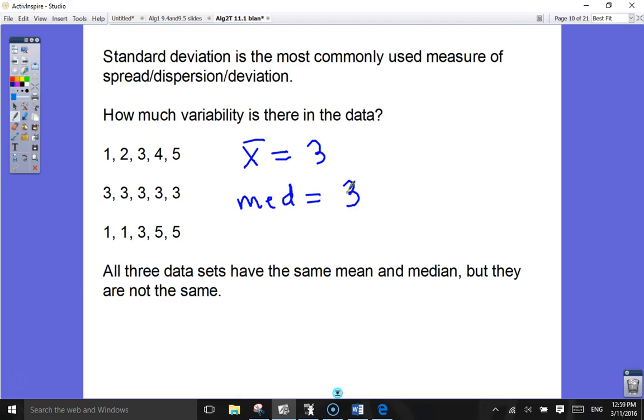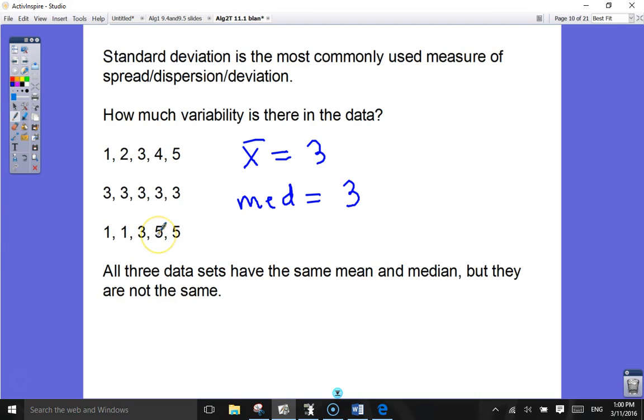Does that mean there's no differences in the data? No, there's actually quite a bit of difference. Look at the middle set of numbers there, 3, 3, 3. How much variability is there in that data? None. If you went out and got another piece of data in that group, you'd expect it to be a 3, because they're all 3s. But if you look at the first, everyone's different.